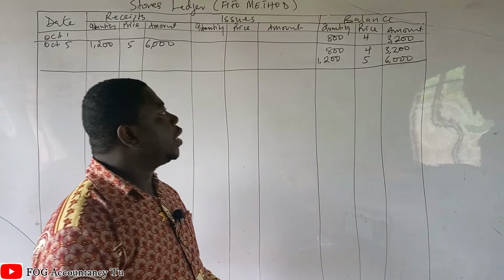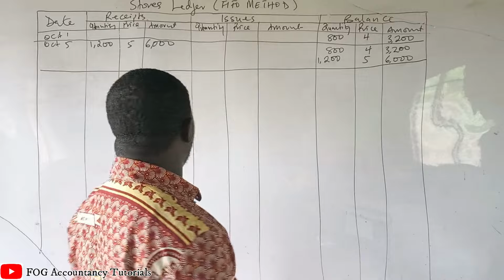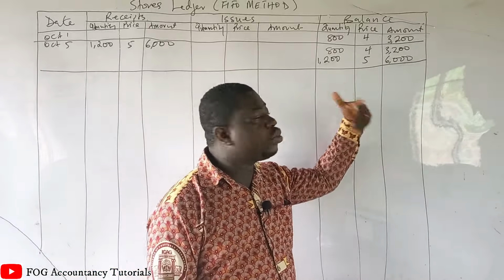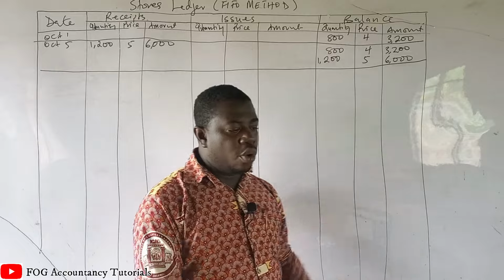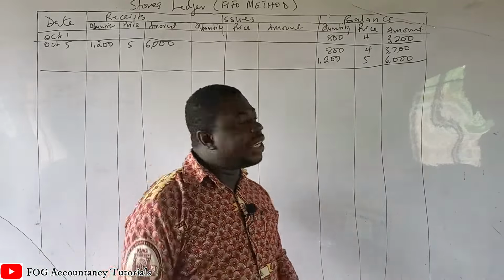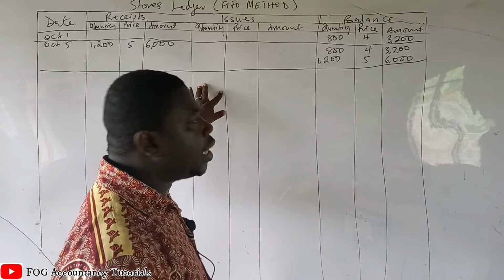And it is basically about stock pricing. So over here, we are basing on the pricing that came in to issue out. And so if they are telling you that sales were made at 8 cedis, do not be tempted to use 8 cedis to issue. That is not what is supposed to be done.